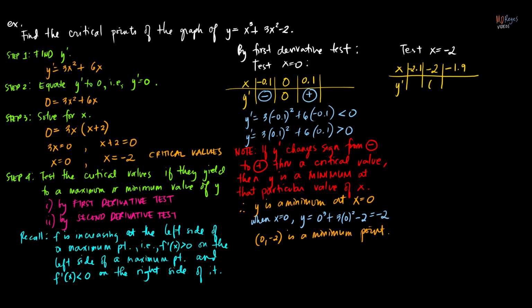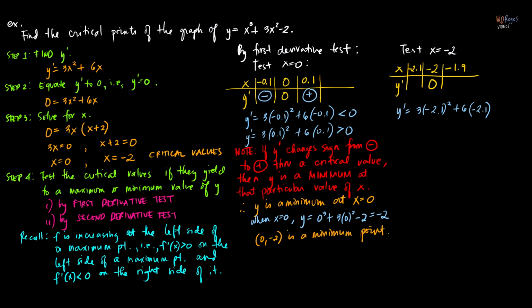Whenever x is equal to negative 2, the value of y prime is 0. And then what is the sign of y prime when x is equal to negative 2.1? Let's take a look at that. Going back to y prime in step 1, that's 3 times negative 2.1 squared plus 6 times negative 2.1. So is y prime positive or negative here?